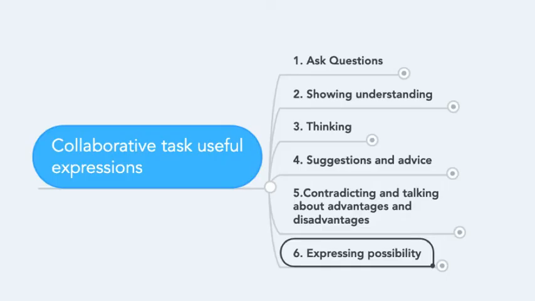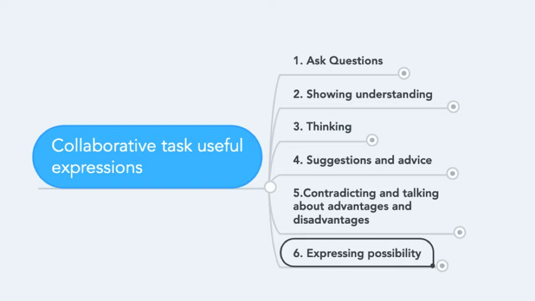First of all, the expressions you should use are for asking questions, to find out more information, expressions that show that you understand, expressions for thinking and gathering your thoughts, and suggestions and advice, to give suggestions and advice to the examiner.